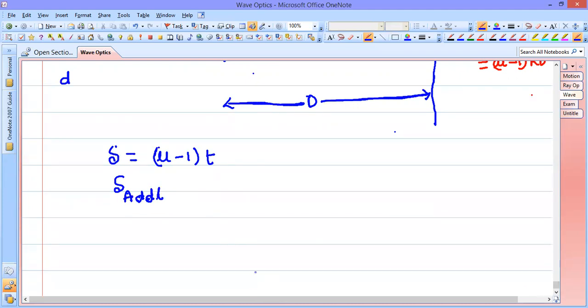Here I am having a phase difference of 180 degrees, that is nothing but pi radian. When phi equals pi, what will be the value of delta? What is the relation between phi and delta?